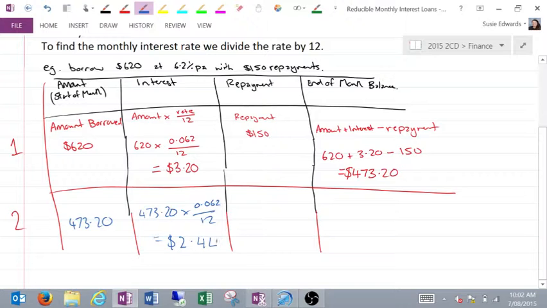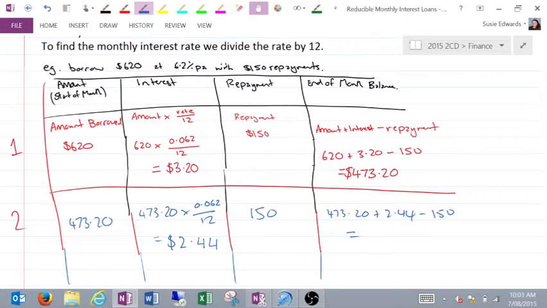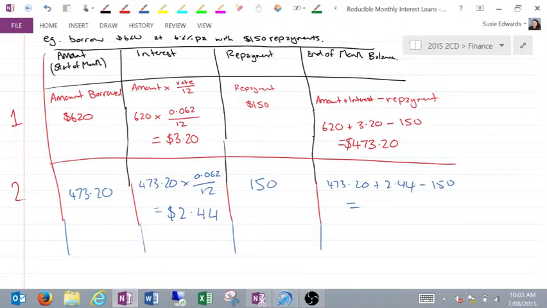Can someone double check that? Repayment is still the same. And so then our end of month balance: $325.64.